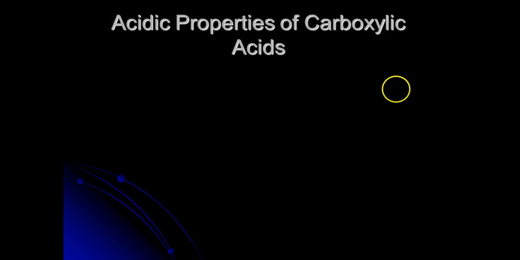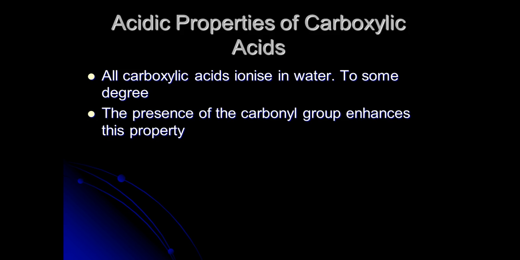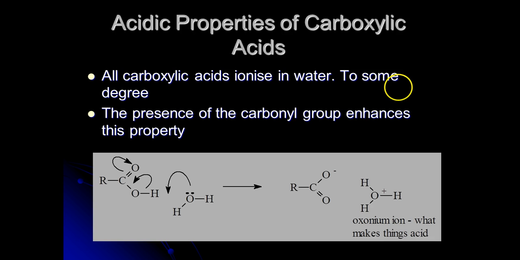Okay, so obviously carboxylic acids are acids. People usually forget that. They all ionize in water, which means that the H plus falls off the end to leave you with something that looks a little bit like this. So you've got your carboxylic acid here, and you've got an O minus where you did have an H here.